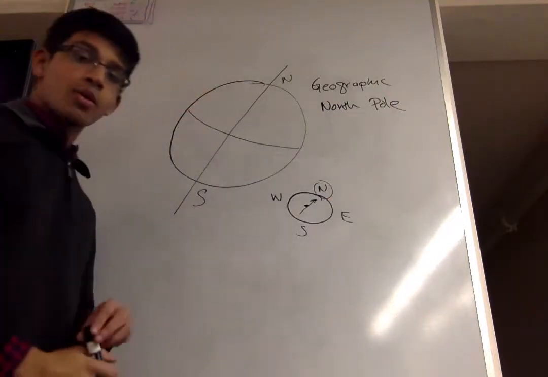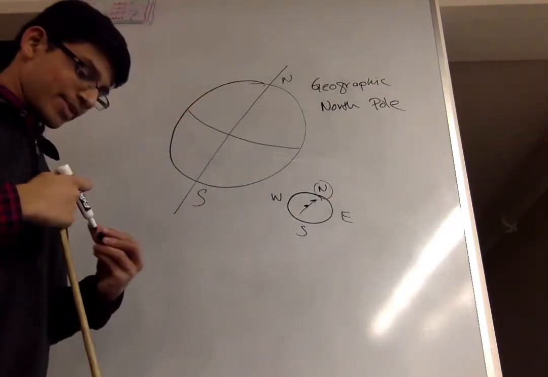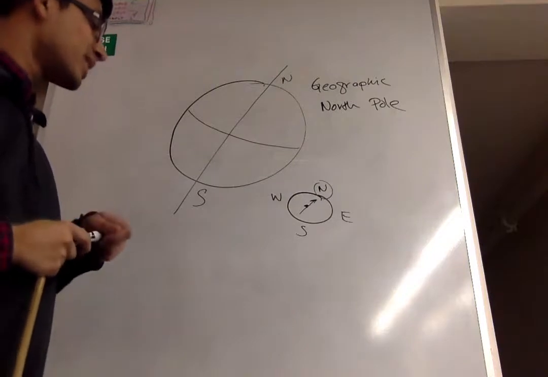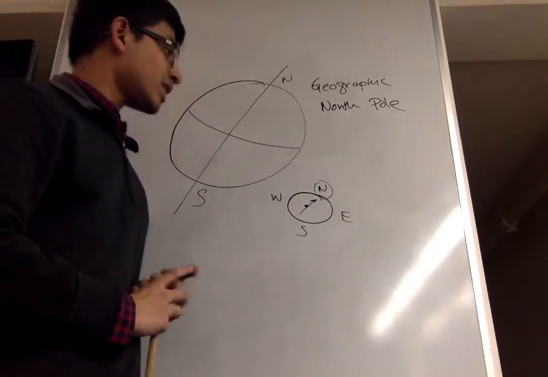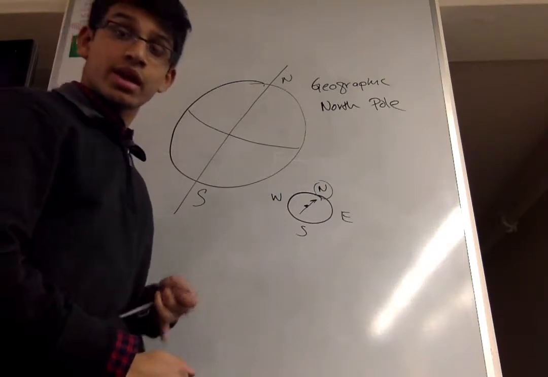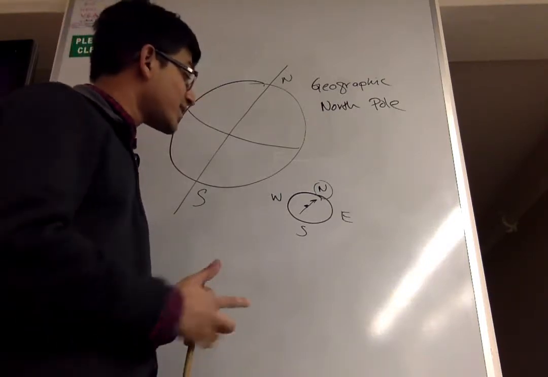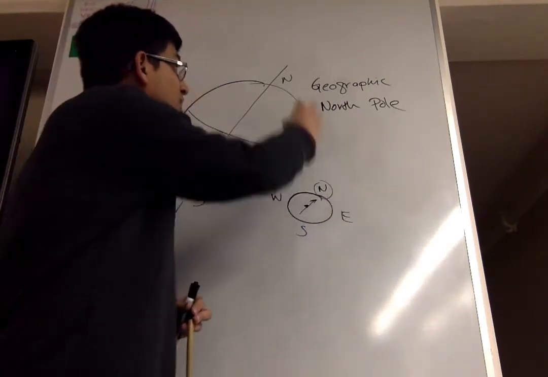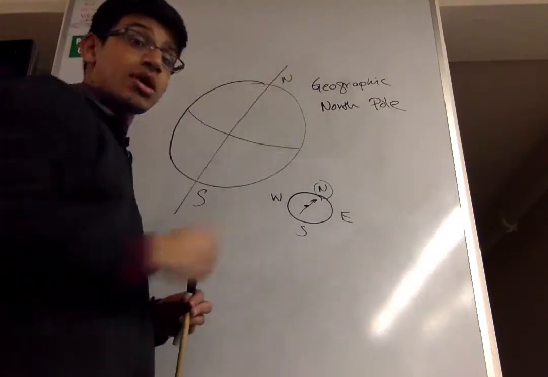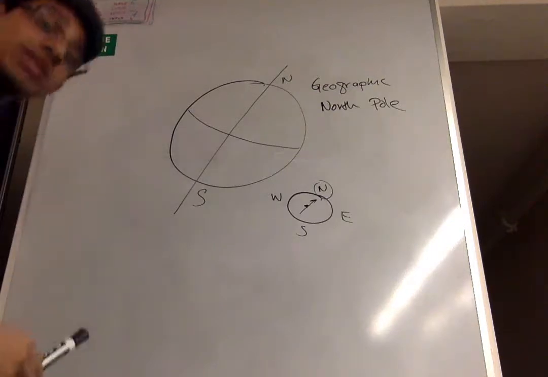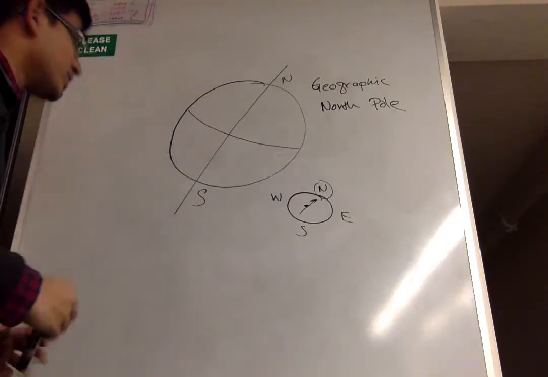Now, I want you to think about this for a second. Here we have a magnetized bit of iron or whatever other metal that they were using, and it was pointing north in the northern hemisphere, meaning this magnet here was attracted to this part right here. Obviously, the Earth is a bar magnet, or could be thought of as a bar magnet due to its interior.